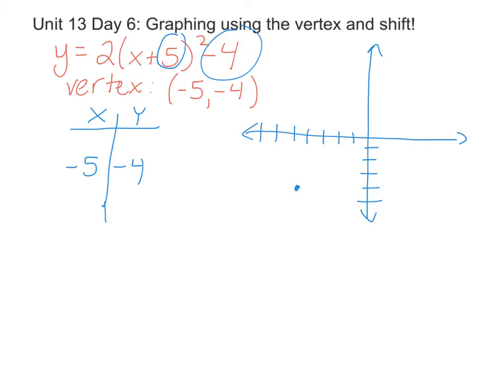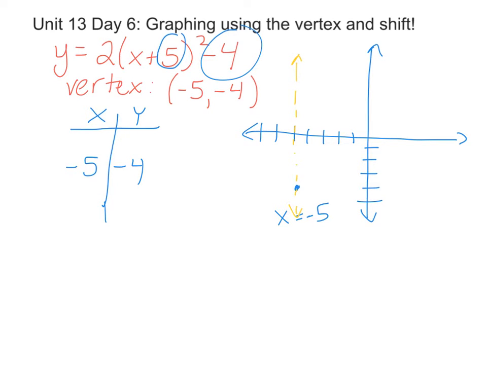There's my point, my vertex. And we know, based on class today, that the axis of symmetry is x equals negative 5. So that means we've got that imaginary kind of line coming through here, and everything on this parabola is going to be symmetric around that.